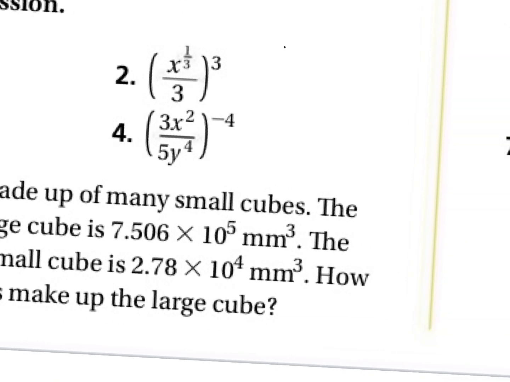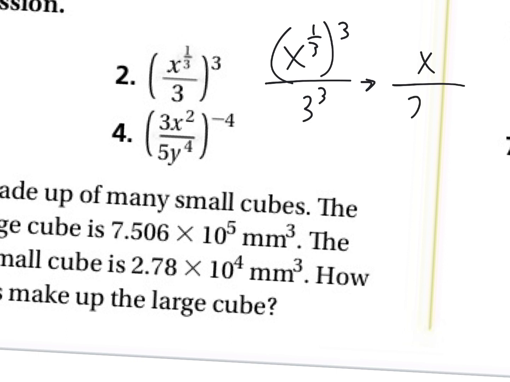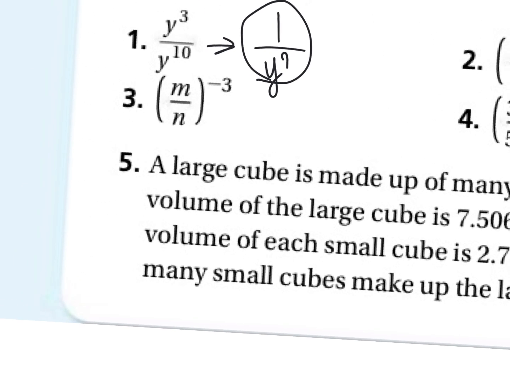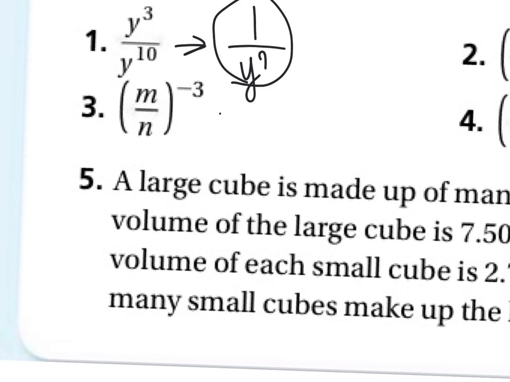Number 2, we can cube the numerator and the denominator, and that would be x over 27. Number 3, I would just go ahead and bring that exponent to both of those. And then let's get rid of our negative exponents.